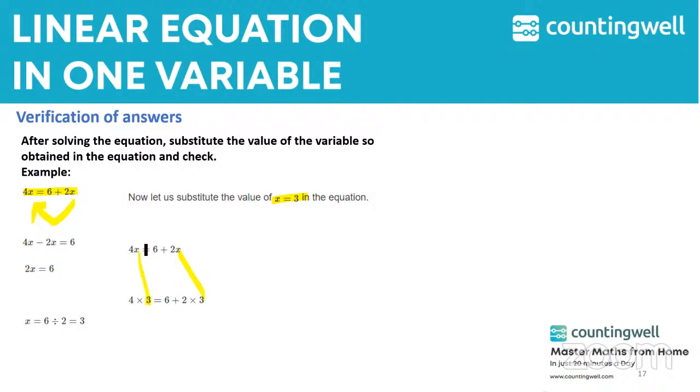So 4 into 3 is equal to 6 plus 2 into 3. Now 4 into 3 is nothing but 12. Whereas here 3 2s are 6 and 6 plus 6 is also 12. Correct? So in this way we have verified the answer.